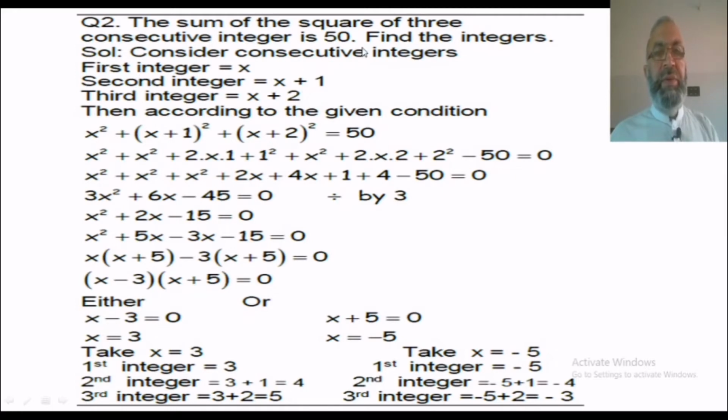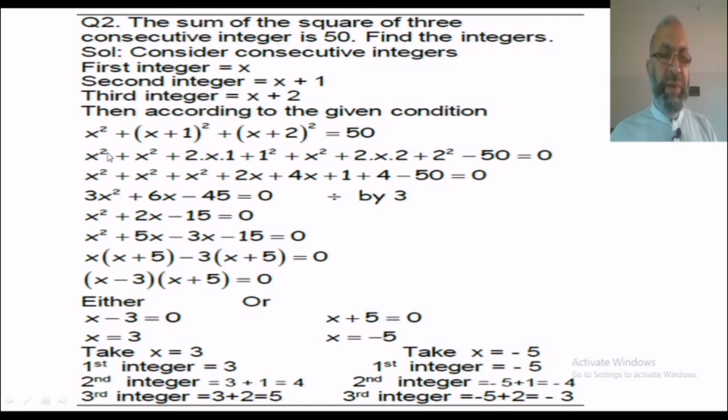So the sum of the squares of three consecutive integers: square of the first integer, plus square of the second, x plus 1 whole square, plus square of the third integer, is equal to 50. Now simplifying this condition, we get the required quadratic equation.